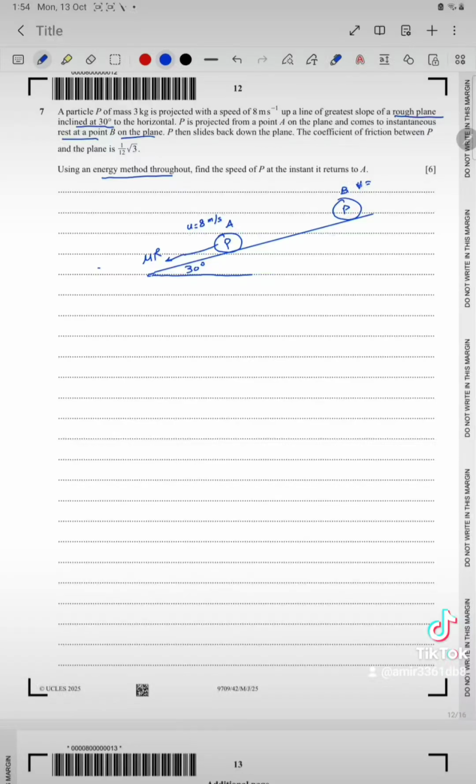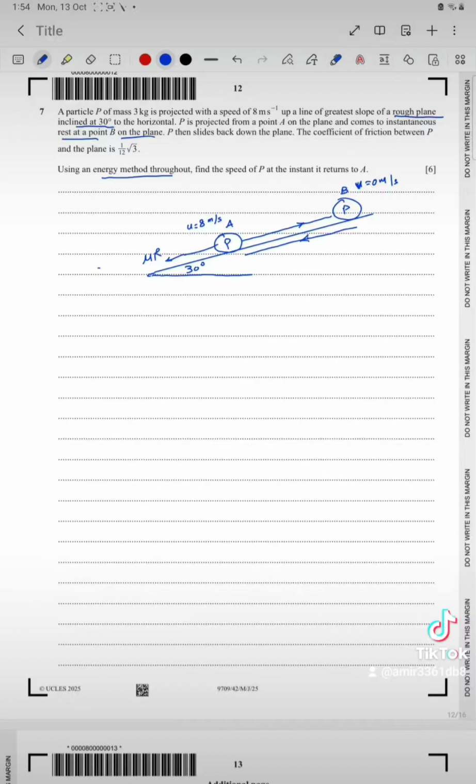Use V equal to 0 meter per second at this point, and P then slides back. Then it means it needs to come down here to A.